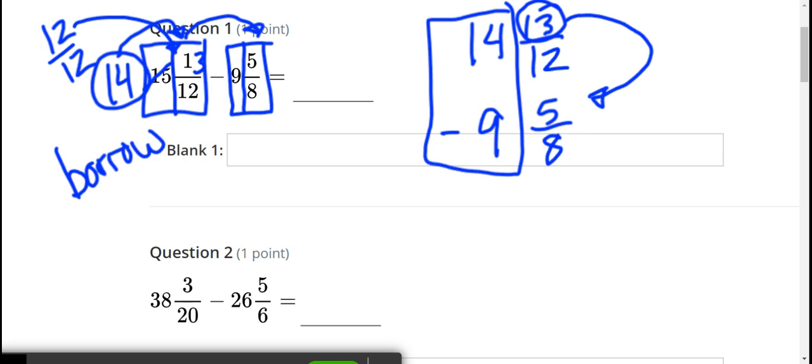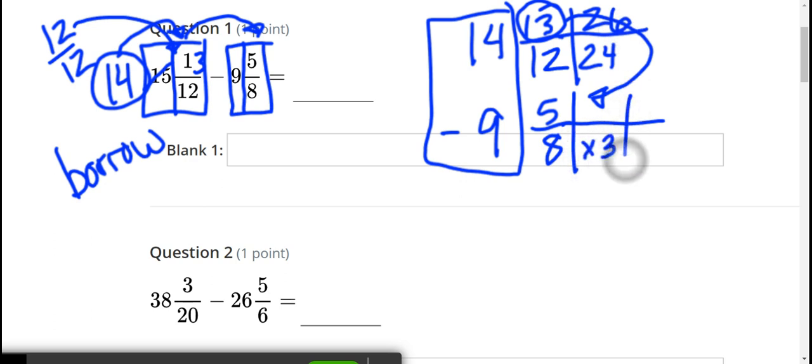So now let's find a common denominator. So it looks like if we double 12, we're going to get 24, and we double 13, we're going to get 26. So down below, we're going to have to multiply 8 times 3 to get 24, and then 5 times 3 to get 15.